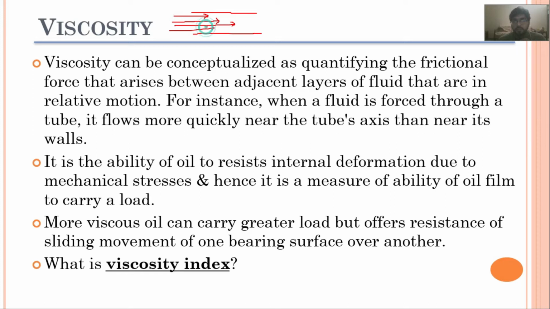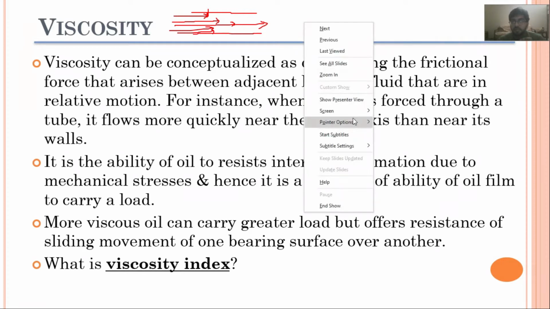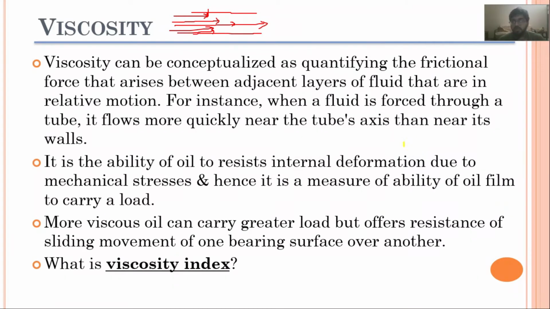So the layers which are closer to the walls of this tube will feel the larger resistance against the flow, whereas the layer which is towards the center of this pipe will flow more effectively, more efficiently, because it will face the lesser resistance. And the resistance between these moving layers is basically termed as the viscosity.